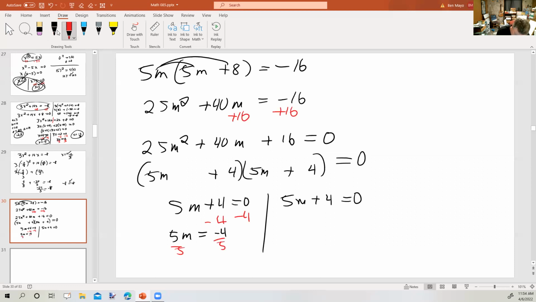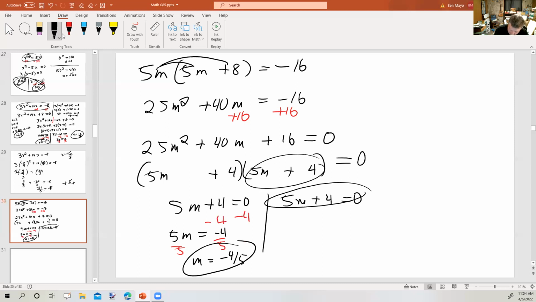Divide both sides by 5. M equals -4/5. Now, since this factor is the same as that factor, I'm going to get the same answer twice. Okay. And what the book does is they'll say M equals -4/5, and they'll say repeated.